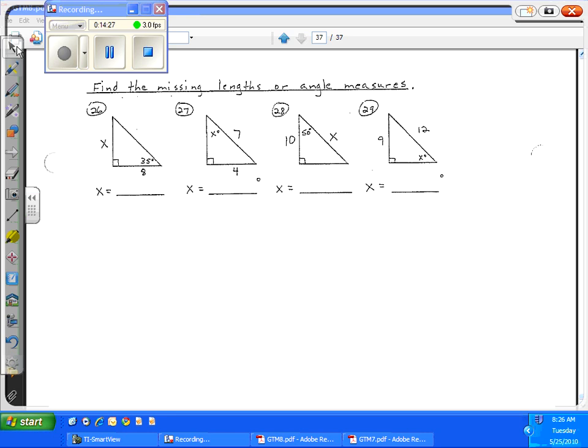Remember that the first thing we do is identify the acute angle that we're dealing with, and so we're dealing with the 35-degree angle. So we find the angle first. And then we look at the sides given and see how they're related to the angle that we chose. Now, these are both legs.